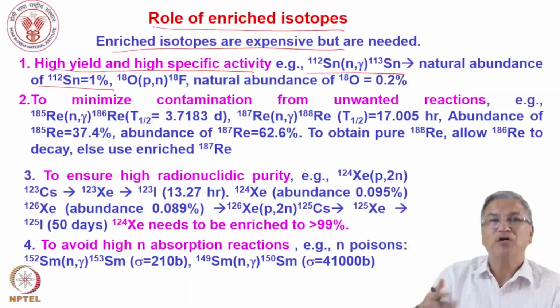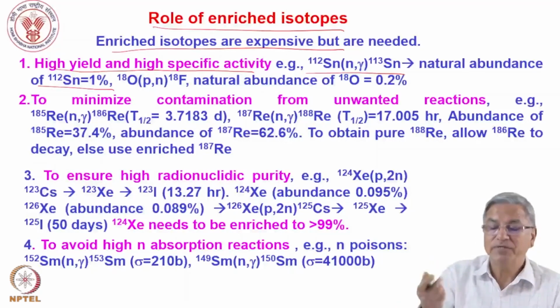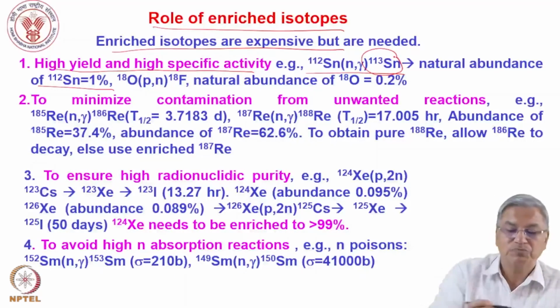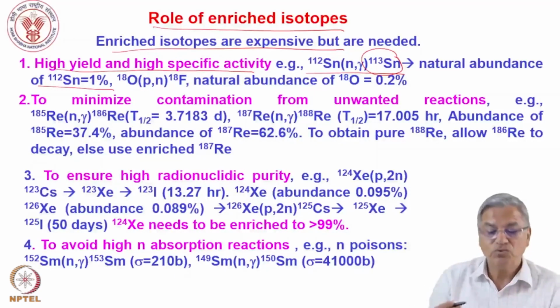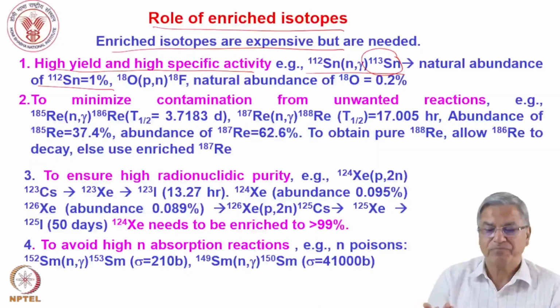So if you produce 113 tin, bulk of the tin is still the natural tin, and so the activity produced of 113 will be very small because 112 is only 1%. So what you do, you try to enrich 112 in the sample so that your specific activity will go up and your yield also will go up.